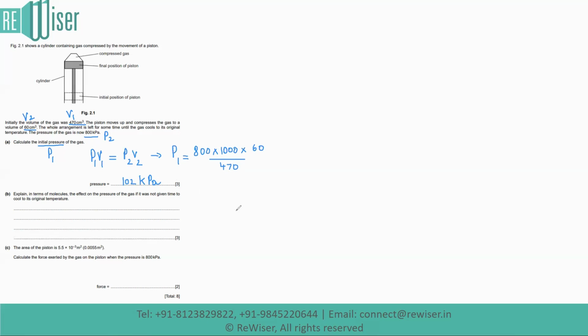If the molecules were not given enough time to cool down to their original temperature, they would have a higher amount of kinetic energy per molecule, which would result in a greater number of collisions, not only between the molecules themselves, but also with the walls of the container, which would eventually result in an increase in pressure.